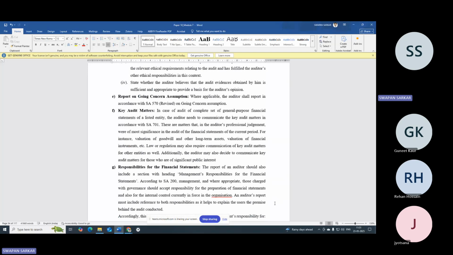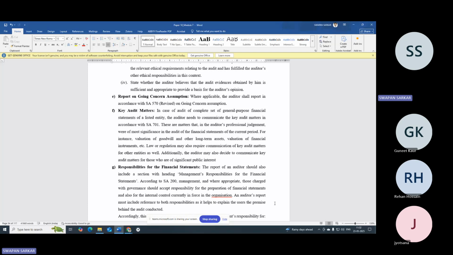For instance, valuation of goodwill and other long-term assets. Law or regulation may also require communication of key audit matters for other entities as well. Additionally, the auditor may also decide to communicate key audit matters for those entities who are of significant public interest.